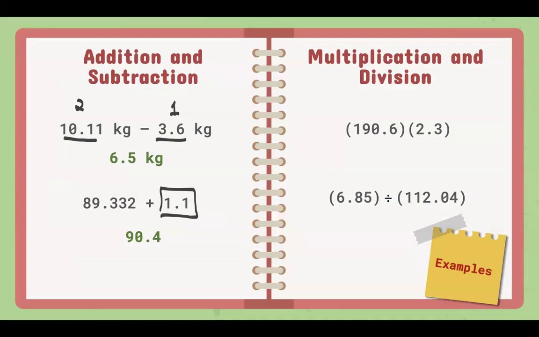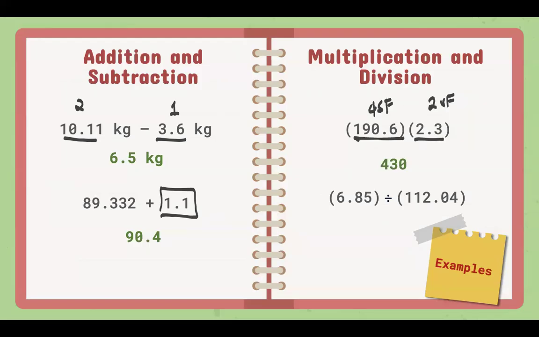So in 190.6, how many significant figures do we have? We have 4. In 2.3, how many significant figures do we have? We have 2. So how should we write our final answer? We have to get at least 2 significant figures in our final answer. So our answer should be 430.